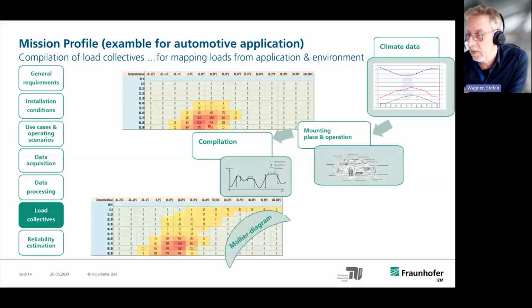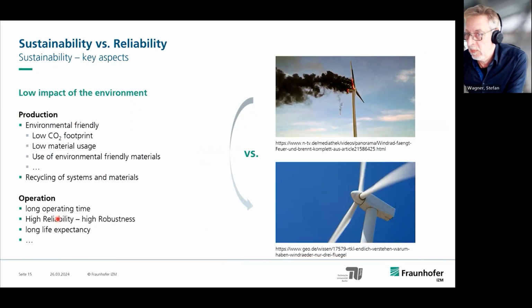And in combination with the climate data, you get such a Fourier diagram, which builds up the load collectives. And this you need for realistic testing behavior.